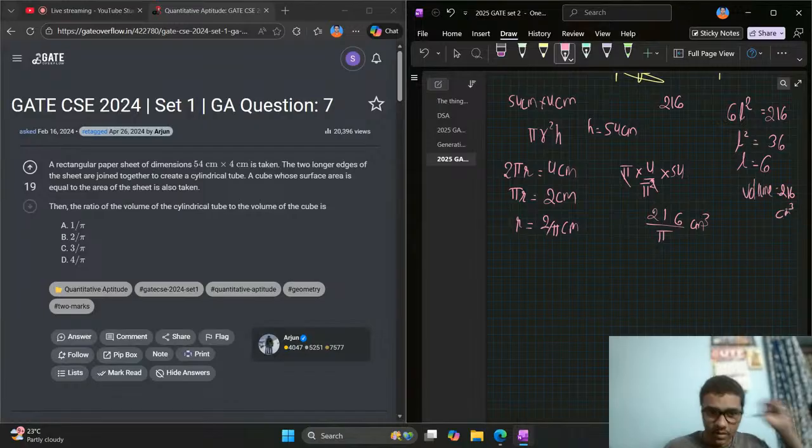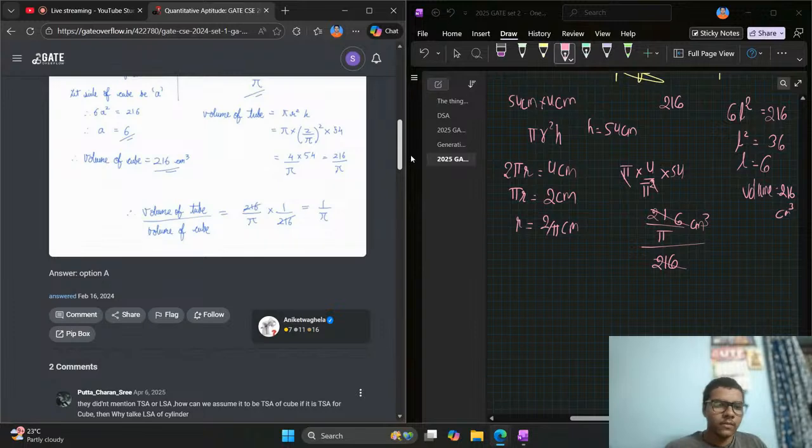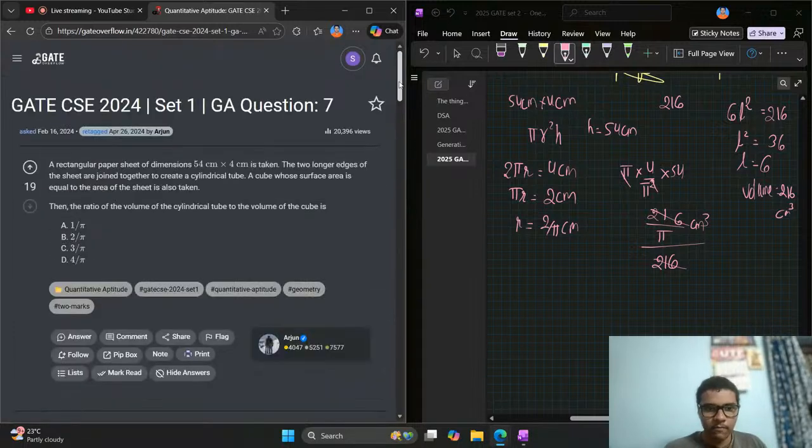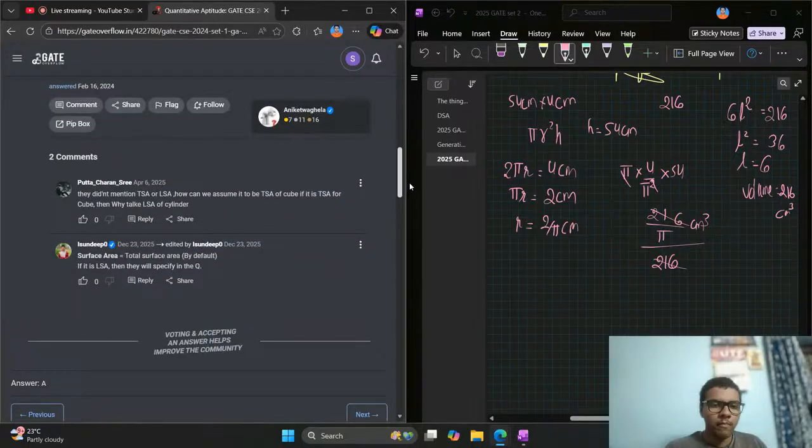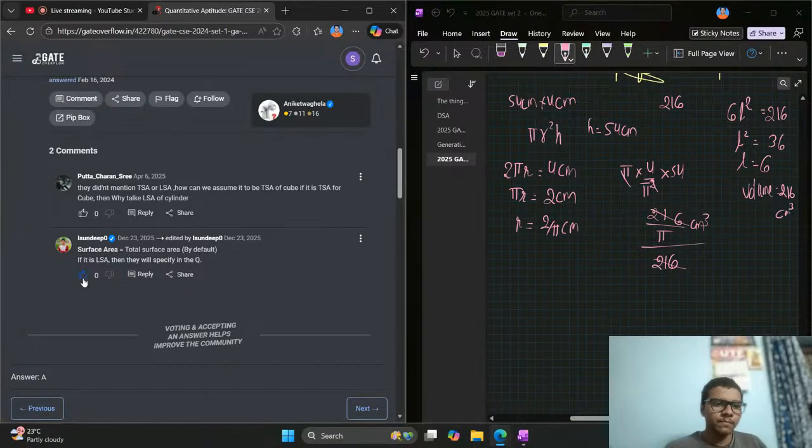Right. Volume of cylindrical tube to the volume of the cube. Volume of the cube is 216 and it gets cancelled out. 1 by pi should be the answer. Nice. That's correct.